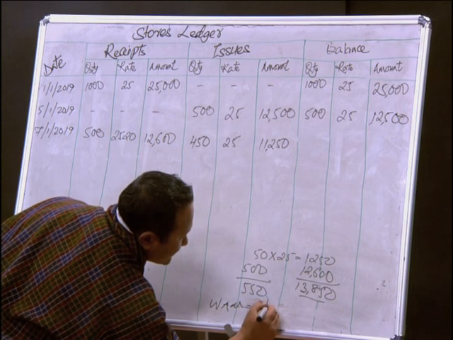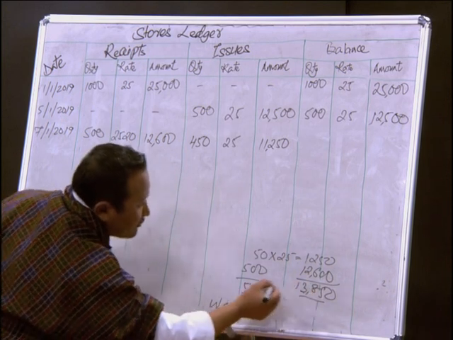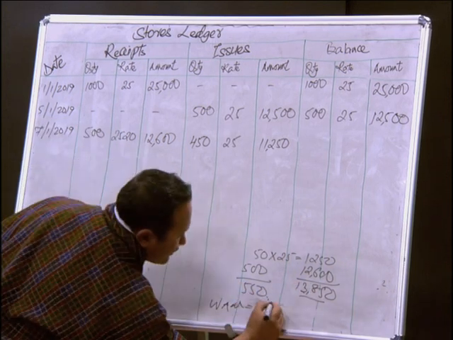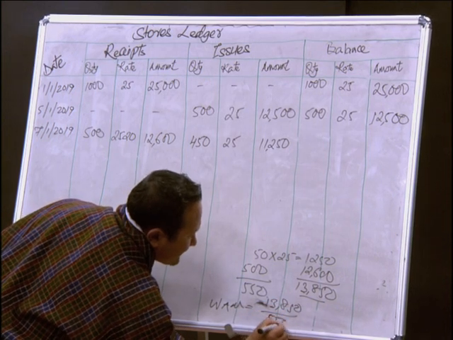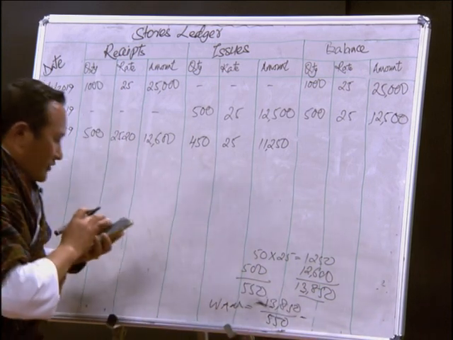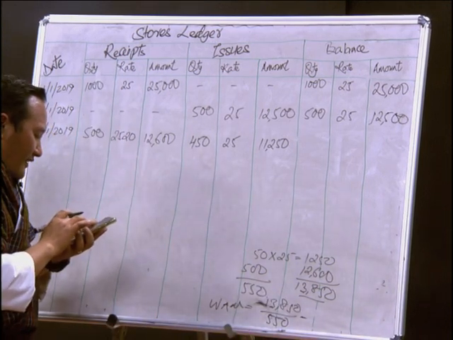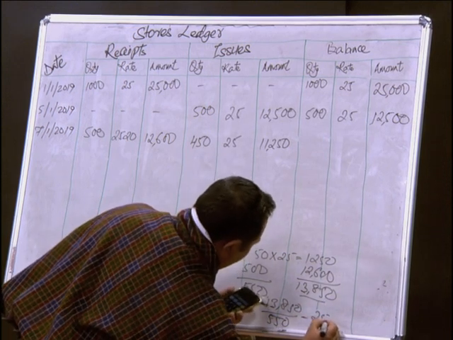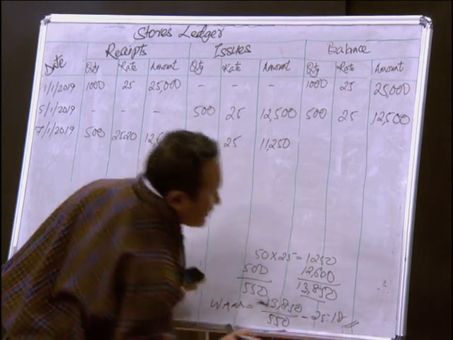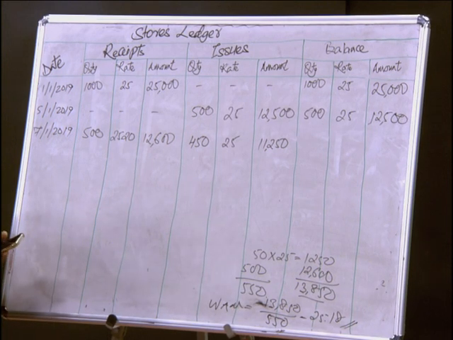By dividing the value by its units. The value we got is 13,850 divided by 550, the units available. So the price we get is 25.18. This is the rate that we calculate using the weighted average method.